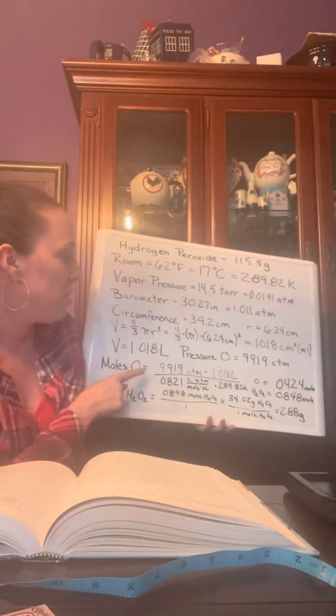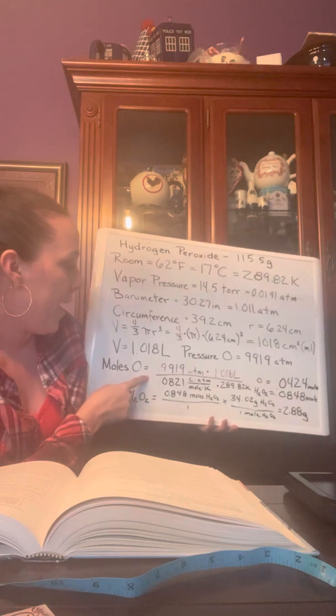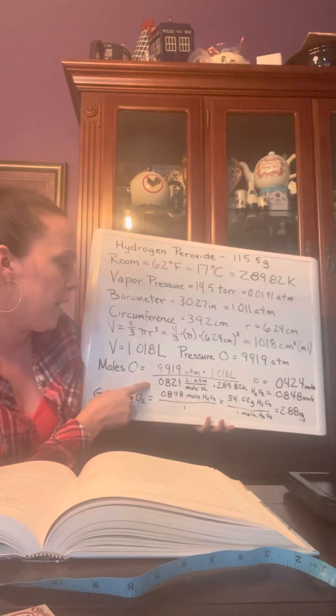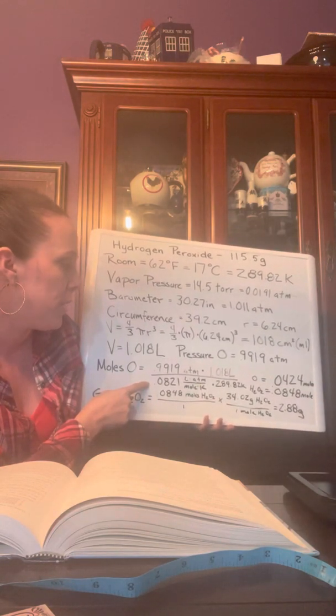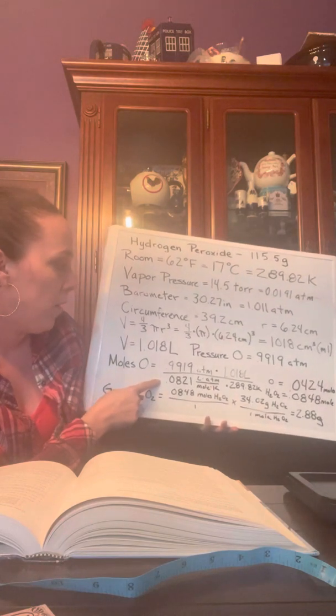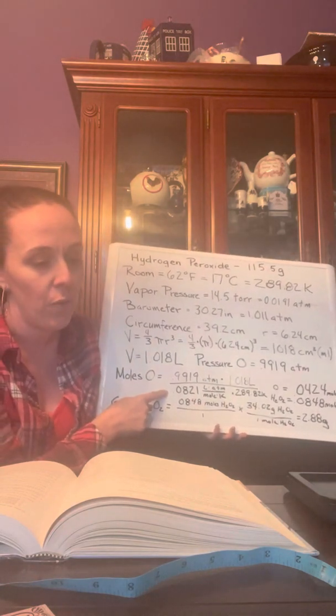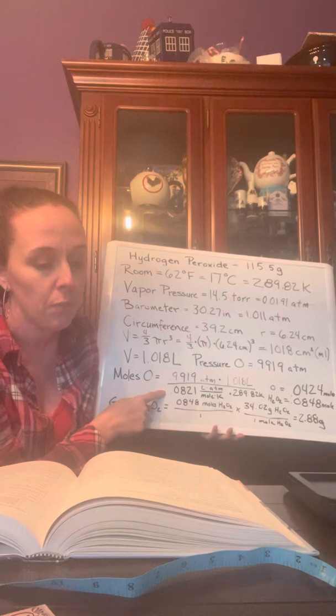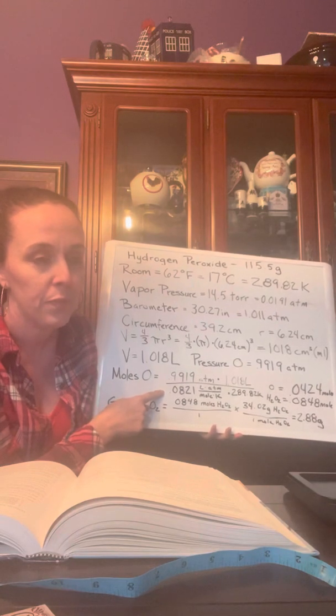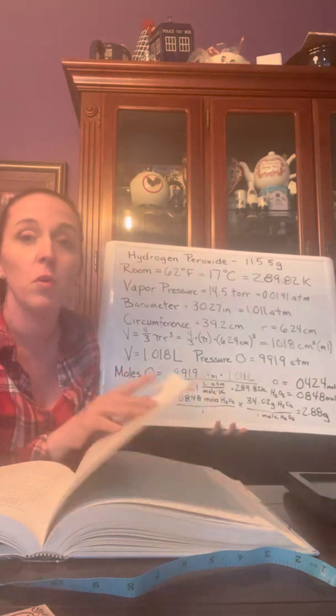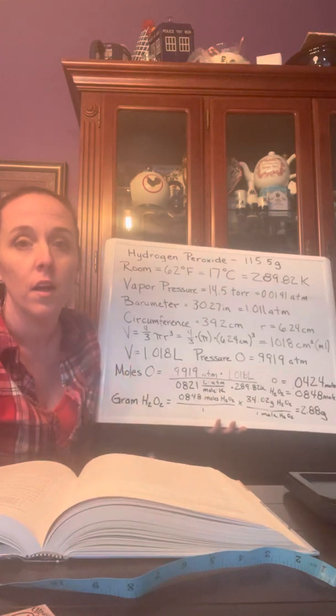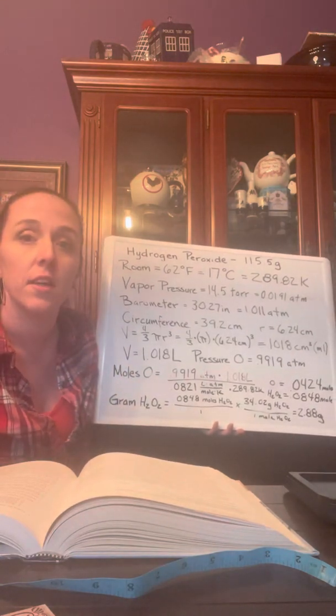Then we needed our pressure of oxygen, and this is our calculation for moles. So we needed our pressure of oxygen, and then we have our standard, the variable R in our ideal gas equation.